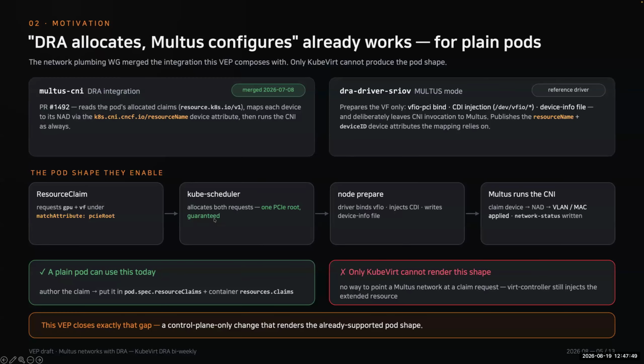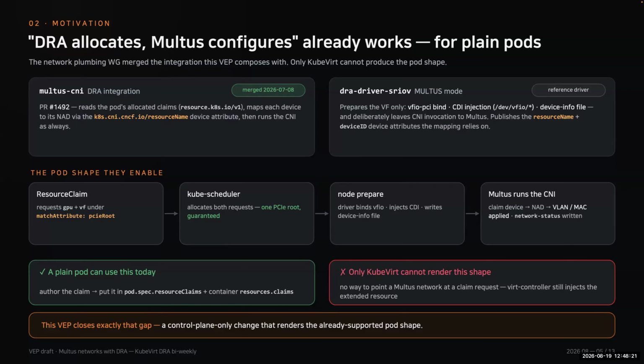The interesting part is that the ecosystem has already solved the node side of this problem. Multus CNI merged its DRA integration in July with PR 1492. It reads the pod's allocation claim, maps each device to its NAD via the resource name device attribute, and then runs the CNI exactly as it always has.